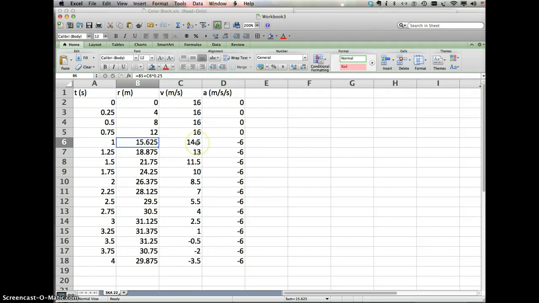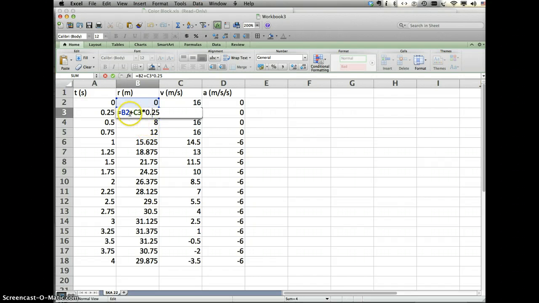I'm starting at 14.5 meters per second. I'm ending at 13 meters per second. So a more accurate way to do that would be to take the average of those two. So let me go back up here and modify this equation to take care of the average.